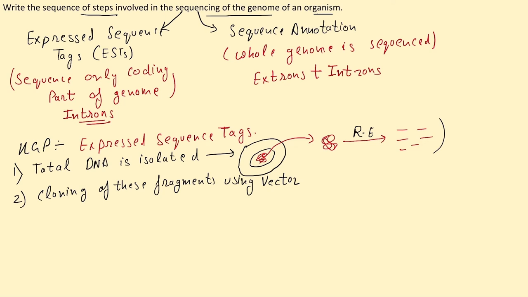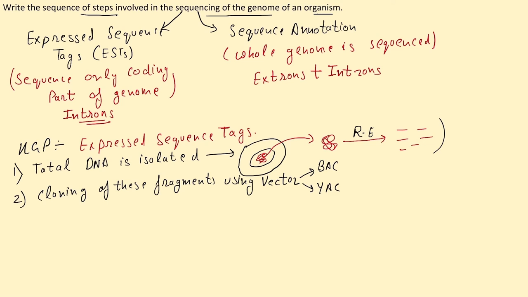The vectors are of two types, BAC and YAC. BAC means bacterial artificial chromosome and YAC means yeast artificial chromosome.